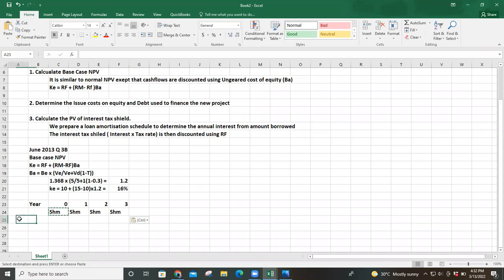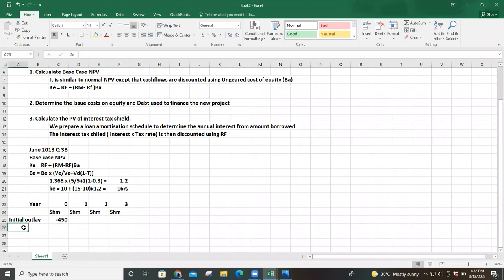We can start with the initial outlay. And in year 0, we spend 450.